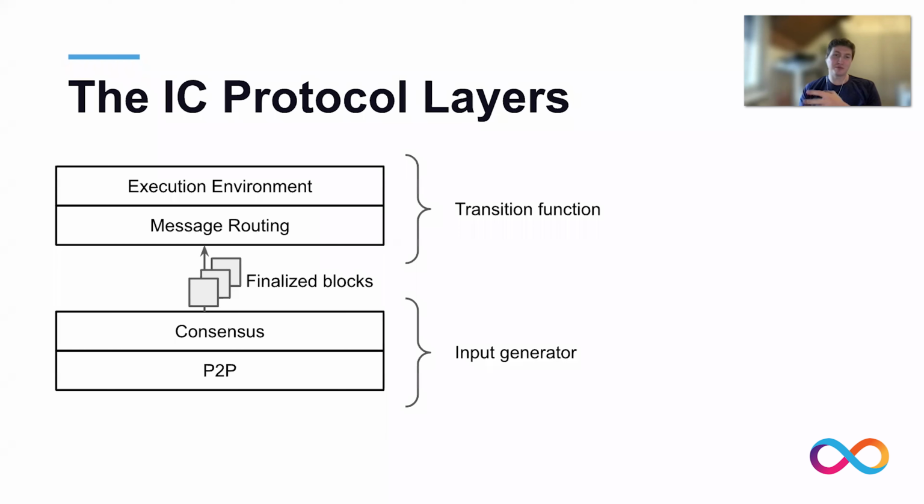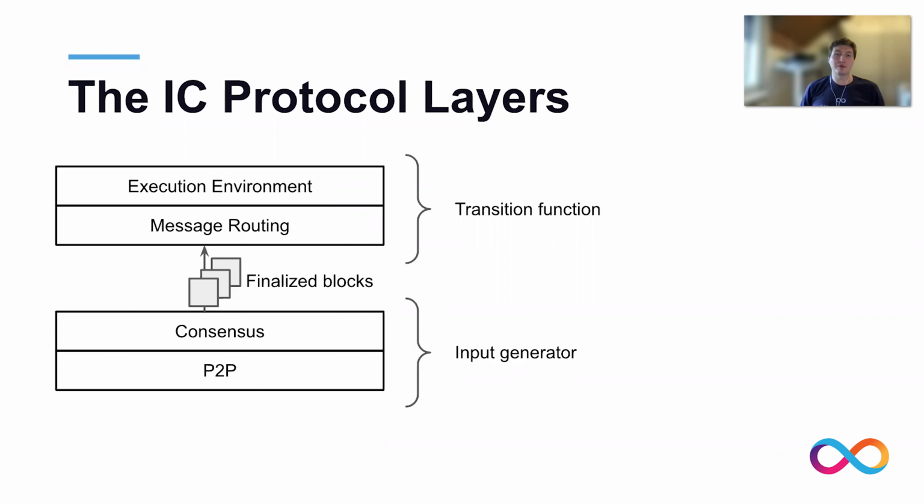So the input is a block or sequence of blocks. The main purpose of consensus, in the context of this talk, is basically producing inputs for our state machine and making sure that those inputs are the same on all the replicas.